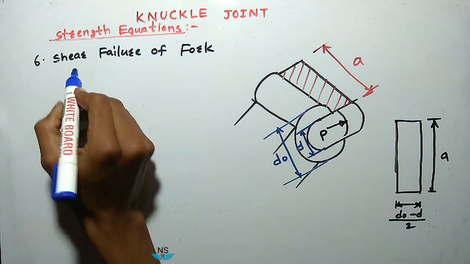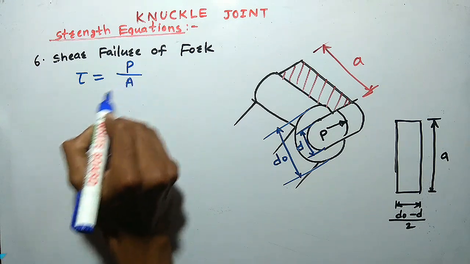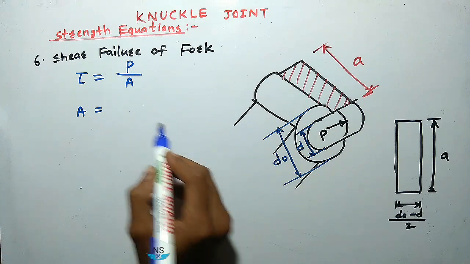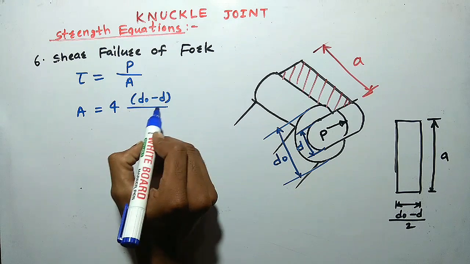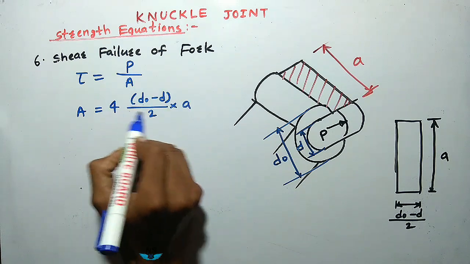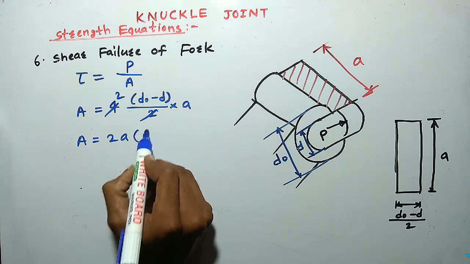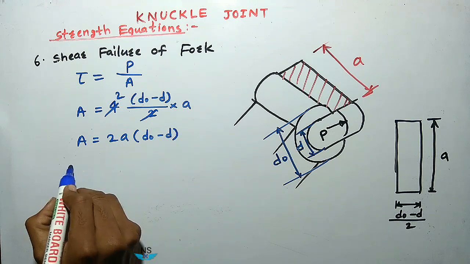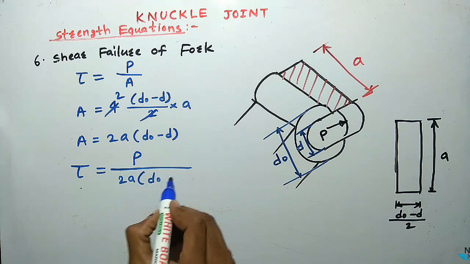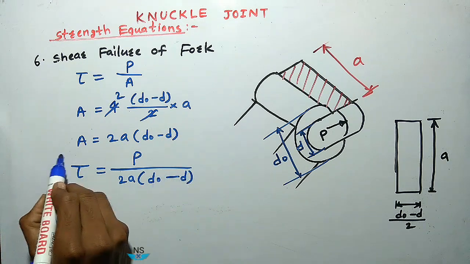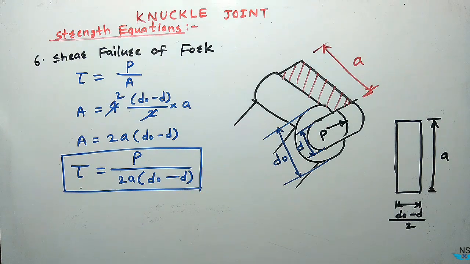So shear failure is there. So tau is equal to P divided by A, and area of failure is 4 times D naught minus D divided by 2 into A. So area is equal to 2A into D naught minus D. So shear failure tau is equal to P divided by 2A into D naught minus D. This is the sixth strength equation for shear failure of fork.